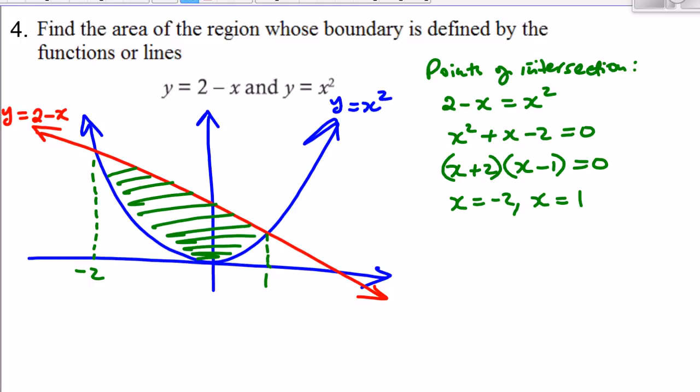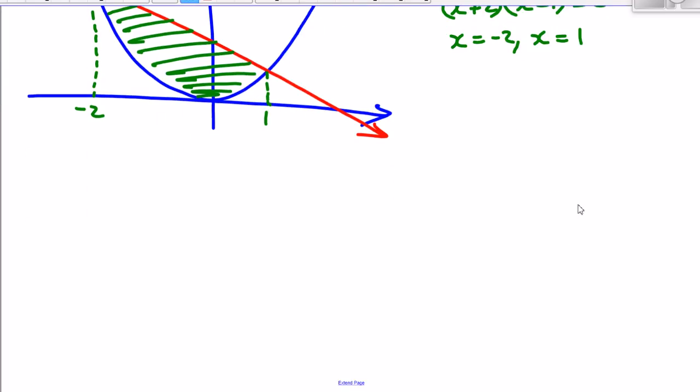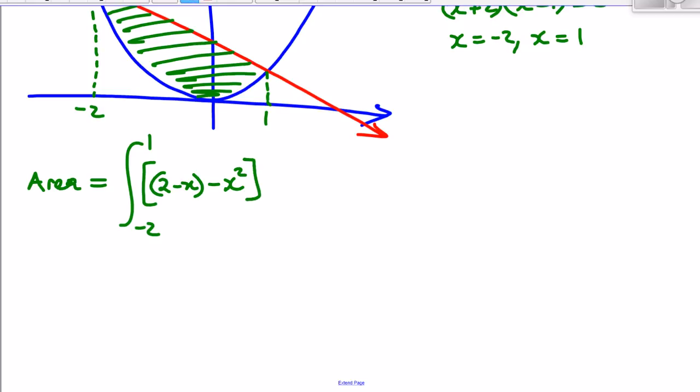Once you have that, we're almost done with this question. We just need to find the definite integral. So the area will be the integral from negative 2 to 1 of 2 minus x minus x squared.